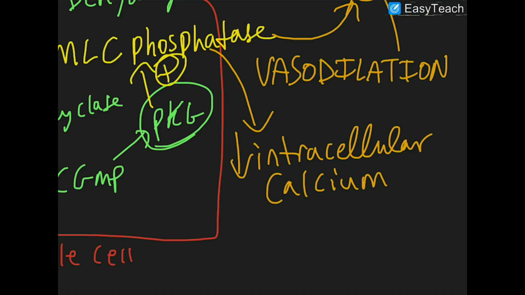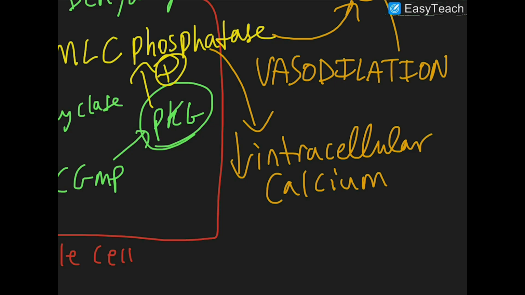Things that stimulate the Gq pathway, like adrenaline, noradrenaline, endothelin, vasopressin, angiotensin 2. All those things bind to the smooth muscle, lead to the Gq pathway, and lead to an increase in intracellular calcium, right?